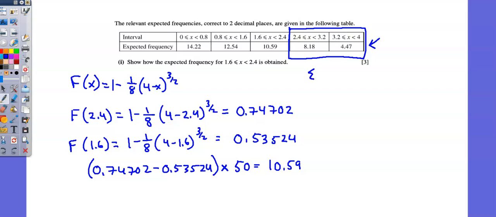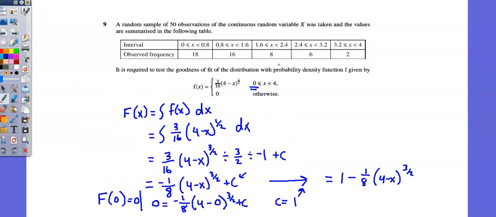When I combine, the sum of those two gives me 12.65. And for the observations, I will also need to combine, and the sum gives me 8. So notice now I've gone from 5 to 4 categories.